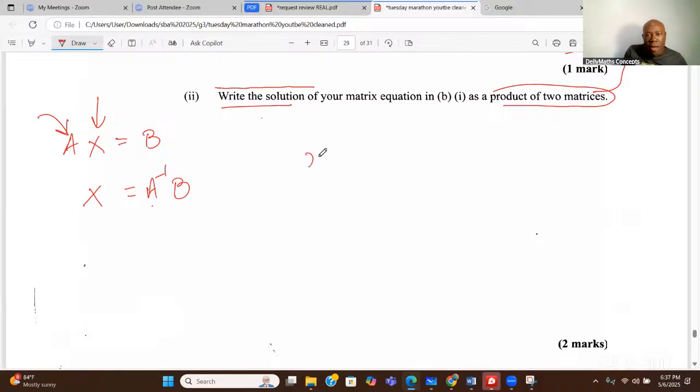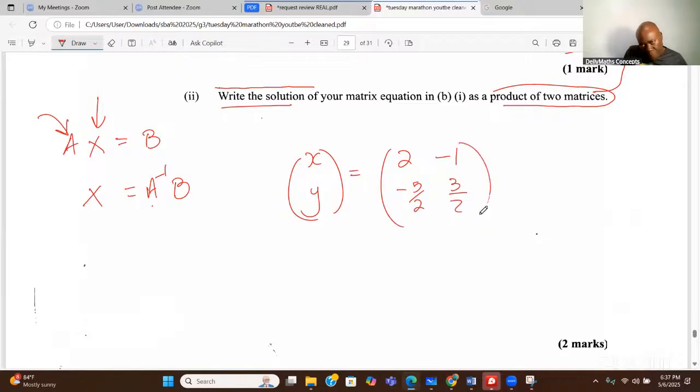So basically, what they're saying is set up your X, Y here. The inverse matrix, which is 2, -1, I think it's -5/2, +3/2. That's our A inverse. And you put it beside your 1, 5, which is the B. So this is like X is equal to the inverse of A times B over there. And we're done for 2 marks right there.